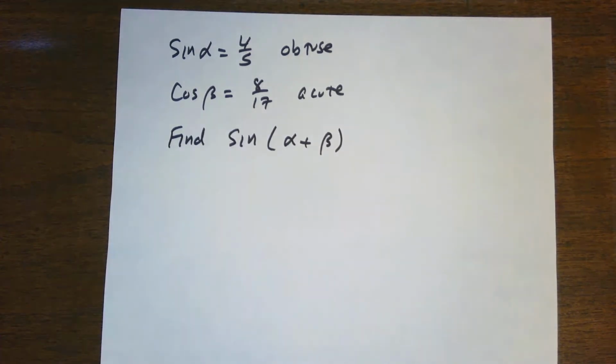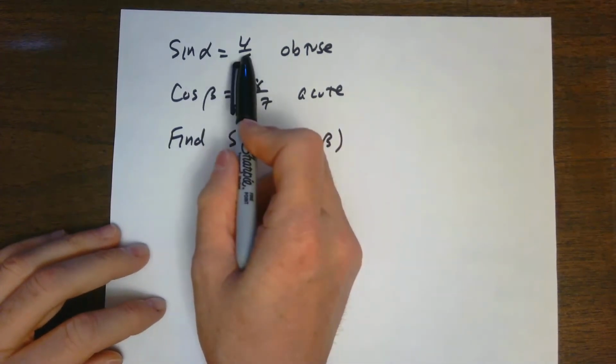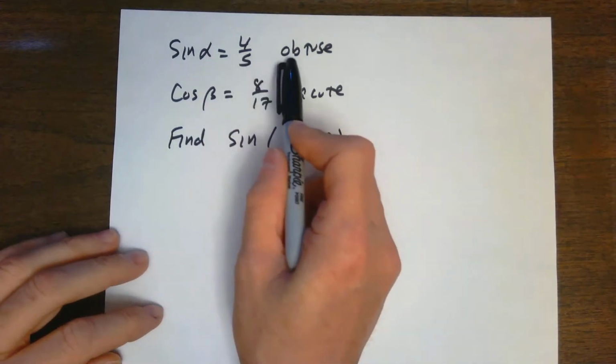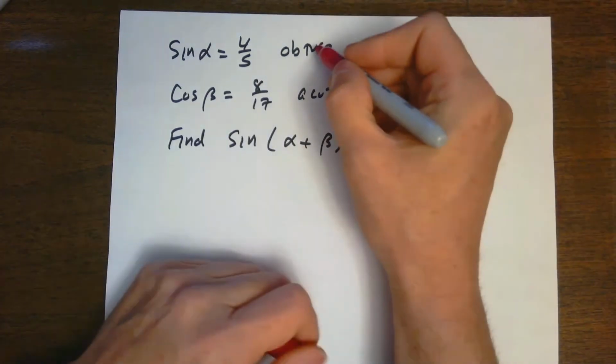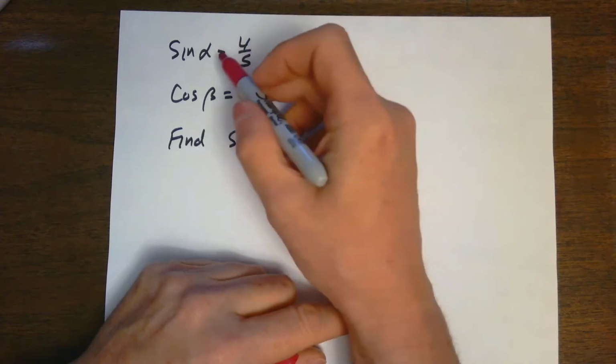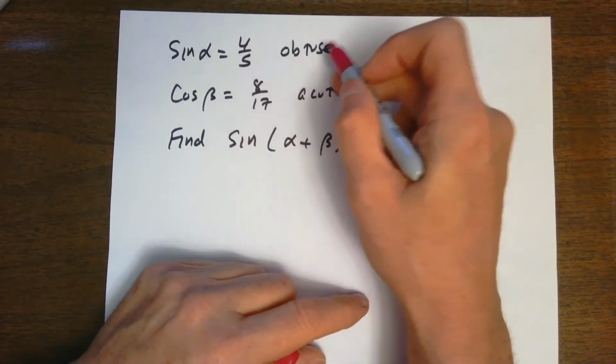All right, so the sine of alpha plus beta. The sine of alpha is 4/5. So what would be the cosine of alpha? Well, if I take a closer look here, it's an obtuse angle where sine is positive. This is going to be in the second quadrant. So think about this angle in the second quadrant.